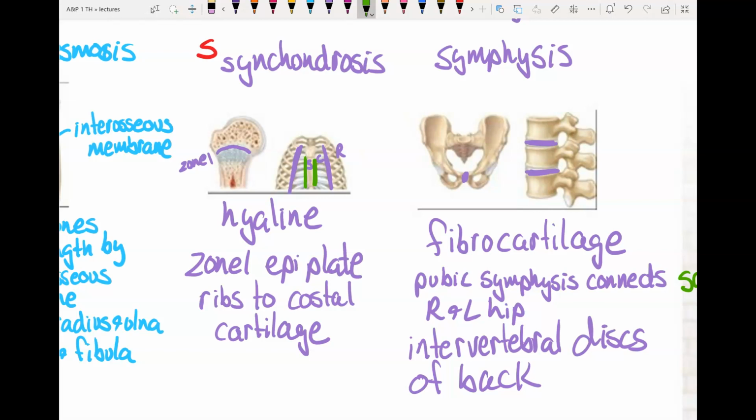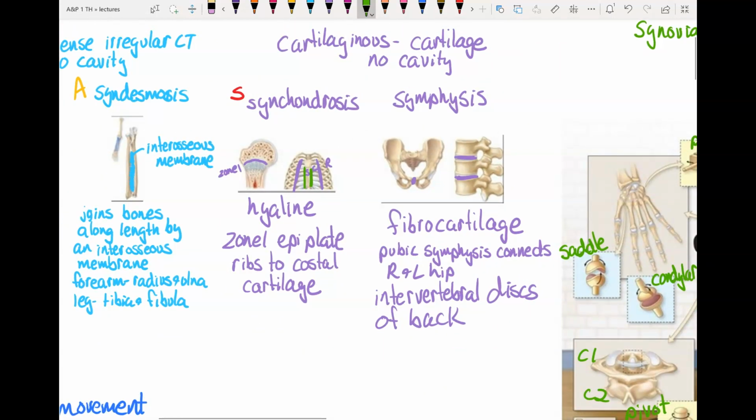So you have ribs to cartilage, then cartilage to sternum. Where the ribs attach to the cartilage, there's no movement. But where the cartilage attaches to the sternum, there is movement. So that movement that occurs to allow you to breathe is there where the cartilage attaches to the sternum.